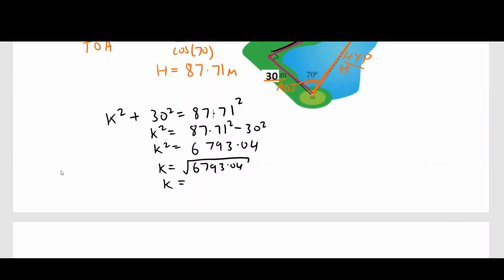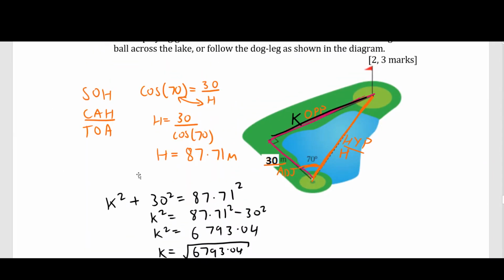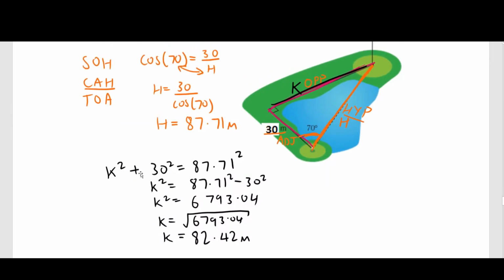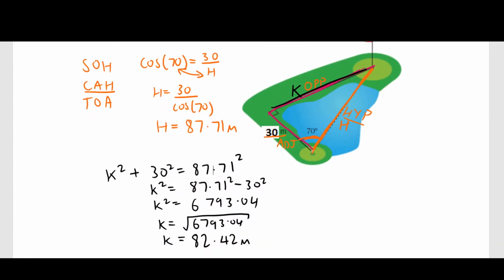K equals 82.42 meters. Okay, so now we need to add up how much longer the two hits are going to be.